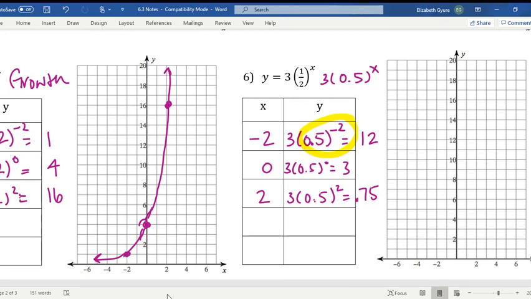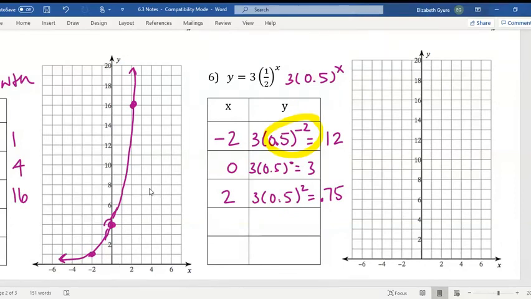You're forgetting to then multiply it by 3 at the end. Oh, okay. So yeah, you should do 0.5 squared, and 0.5 squared should get you 0.25. And then you need to still multiply by 3. So then once you multiply by 3 and hit equals, you should get 0.75. Okay. That's what was happening.